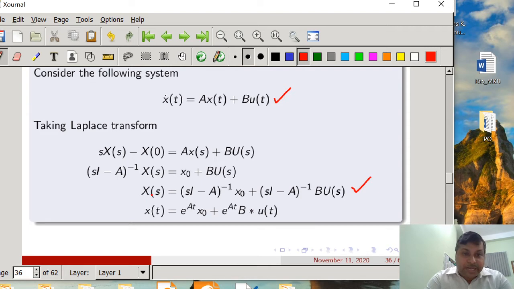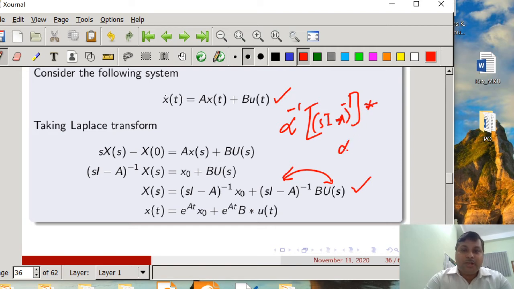Now if you take the inverse Laplace of this equation, then we can write x of t is equal to Laplace inverse of (sI minus A) inverse, which is e to the power At, into x0, and here you see the two frequency domain terms are multiplied. So basically it is the Laplace inverse of (sI minus A) inverse, that is a convolution with the Laplace inverse of u of s.